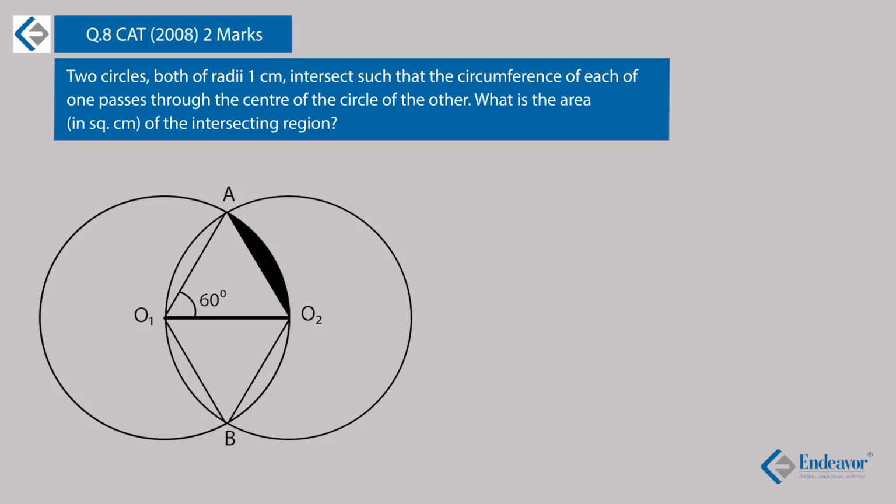Now to find the area of this region, what can we do? Let's first look at the area which is above the line O1 O2, and we will double it. How to find the area of the shaded region is the most important part of the question. We can simply subtract the area of triangle O1 O2 A from the sector O1 O2 A, where the sector is the bigger part, having an angle subtended at the center of 60 degrees.